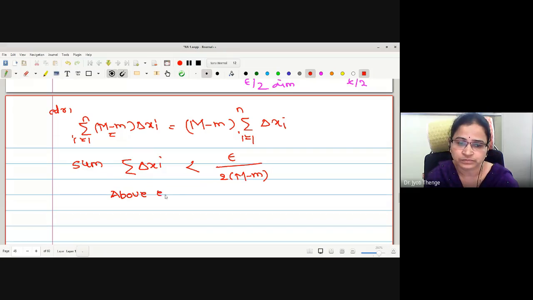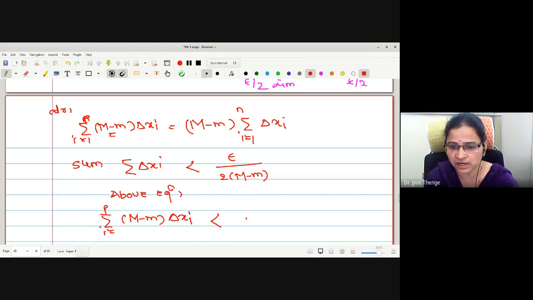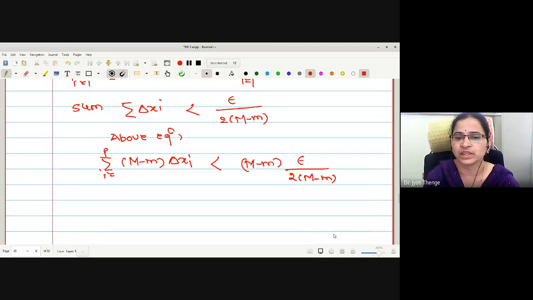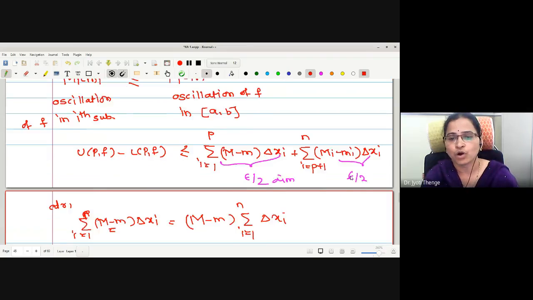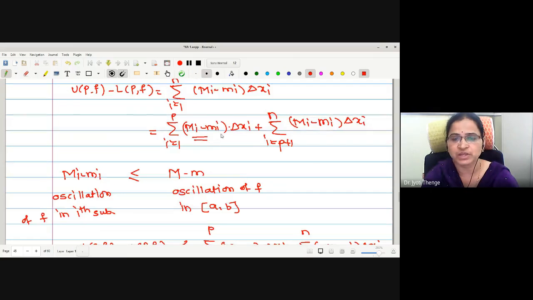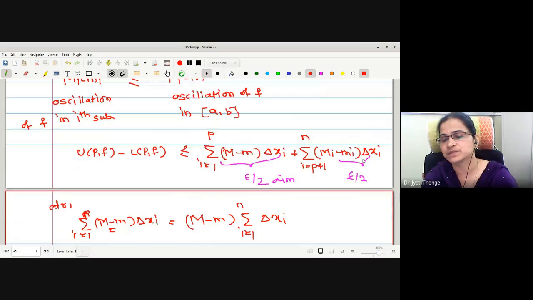Now what does the above equation become? The summation i equals 1 to p of capital M minus m into delta xi is strictly less than capital M minus m times epsilon upon 2 times M minus m, which is epsilon by 2. Therefore, the contribution by the first summation we have proved to be less than epsilon by 2.